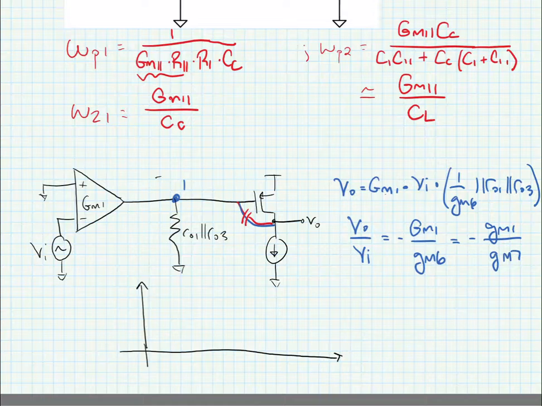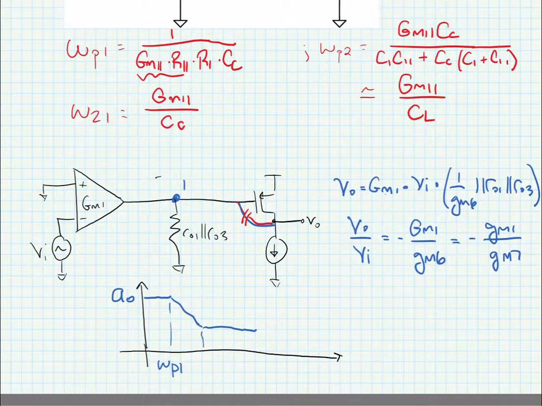So if we're going to plot a Bode plot of the frequency response, or the magnitude response of this gain, it would look something like this. We'd have the intrinsic gain at low frequencies, A sub 0. We'd see a one-pole roll-off, and this is due to the dominant pole. So this would start at omega P1.